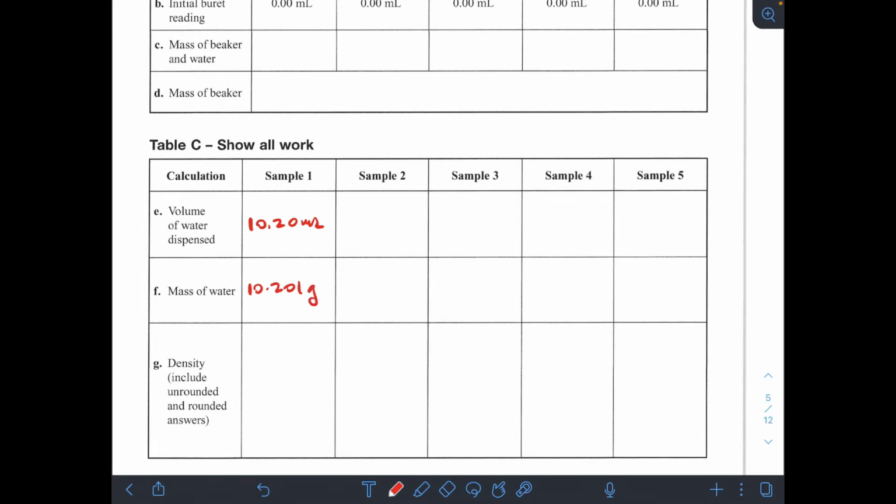Make sure you have units, make sure you actually record all of the data, the digits, and then here you will calculate, right? Density is mass divided by volume. Please be careful to have both the rounded and unrounded answers in that space. Right? Show your work.